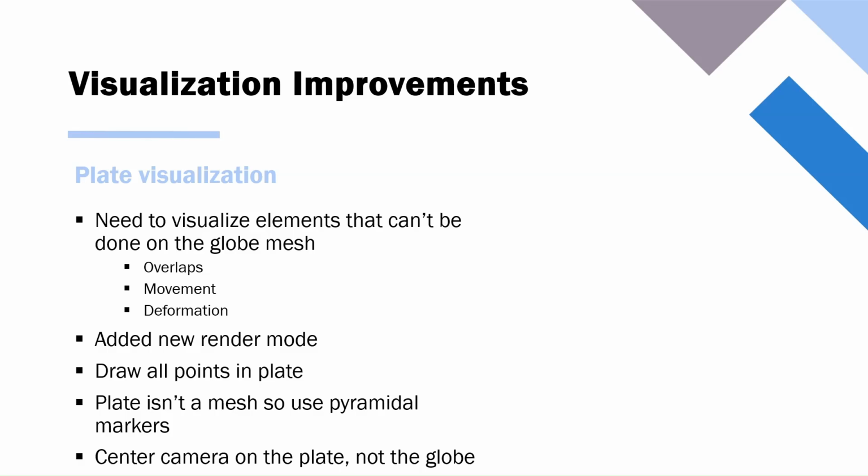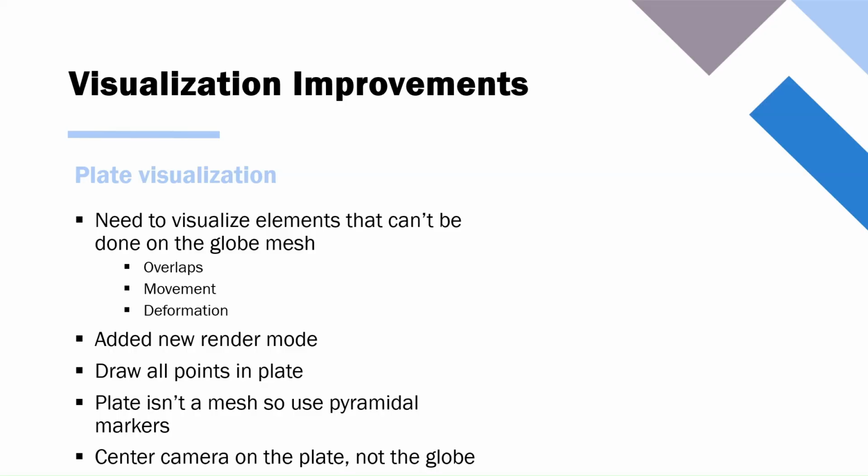So I've added a new render mode that renders a plate rather than the whole globe, and it draws all the points in the plate where they really are. Now, a plate isn't actually a mesh. I did initially hope I could just carve out a section of the globe mesh for this. However, if you remember the last video, there were certain holes in meshes. This means the indices are all messed up, and you can't do that.